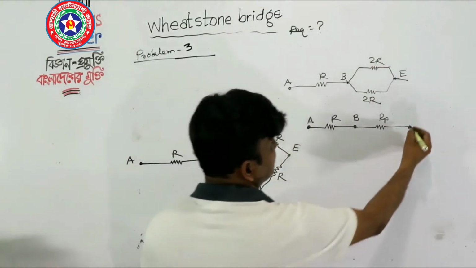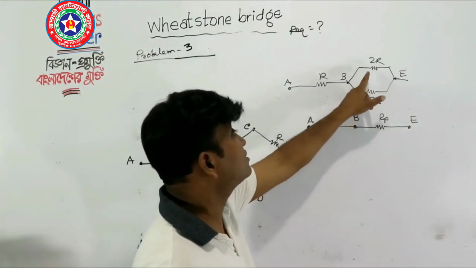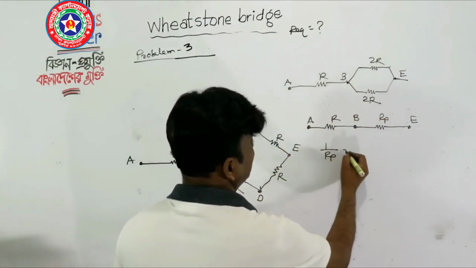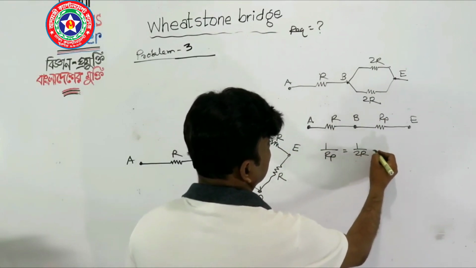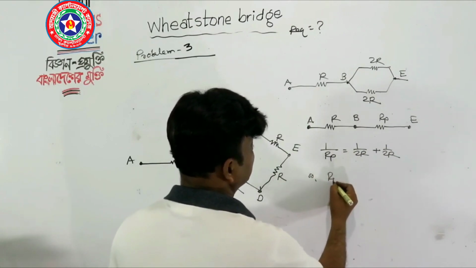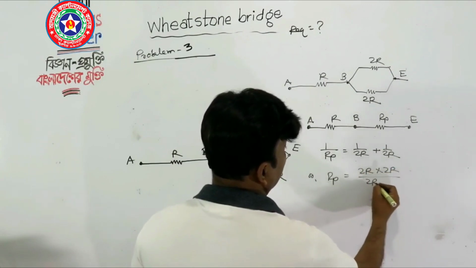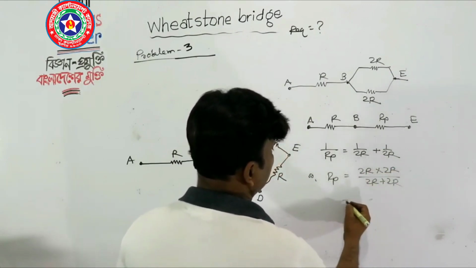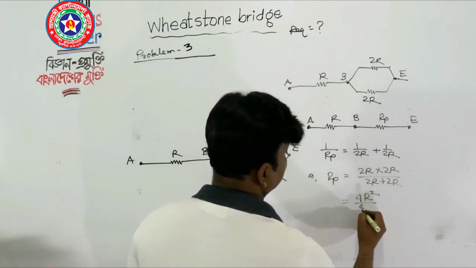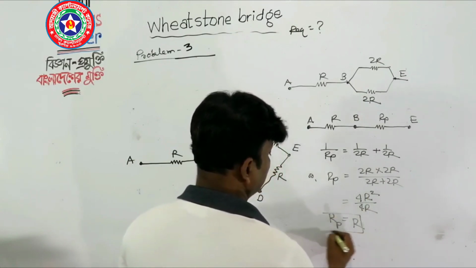This point is E. Now what is the equivalent resistance of these two resistances? It is 1 by RP equals 1 by 2R plus 1 by 2R. So from it we can write RP equals 2R into 2R divided by 2R plus 2R. So we get 4R squared divided by 4R equals R. So here RP is R.